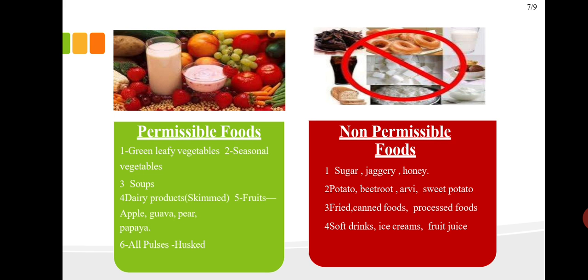The permissible foods are green leafy vegetables, soups, dairy products, and fruits, especially apple, guava, pear, papaya, and all pulses. They should completely avoid sugar, jaggery, honey, potato, beetroot, sweet potato, fried foods, canned foods, processed foods, soft drinks, ice creams and fruit juices.